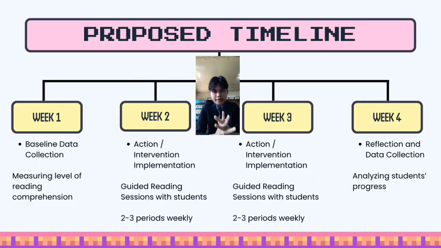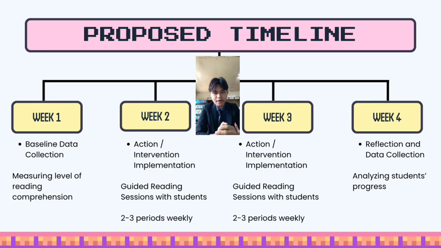As for the proposed timeline for this research, the research will span 4 weeks with 2 to 3 periods for each week. For the first week, it will be the baseline data collection, where the researcher will measure students' level of comprehension.